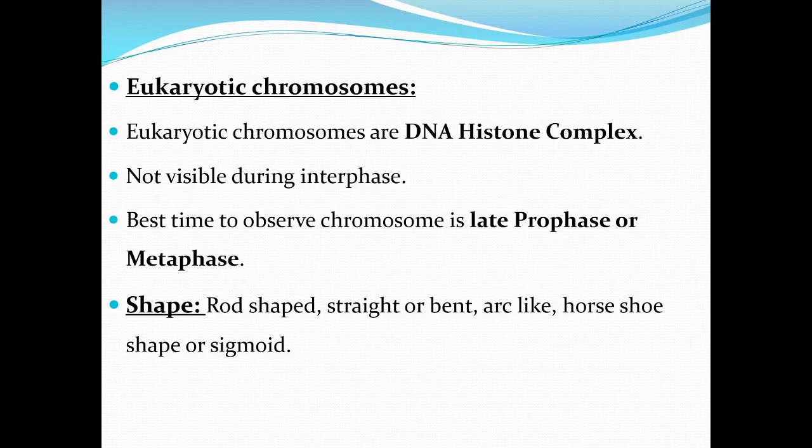In interphase, the chromatin material is long and thin, whereas in the mitotic phase it is condensed and thick, and that's why the best time to observe the chromosome is late prophase or metaphase. The shape of the chromosome is rod shaped, straight or bent, arc-like, horseshoe shaped or sigmoid.